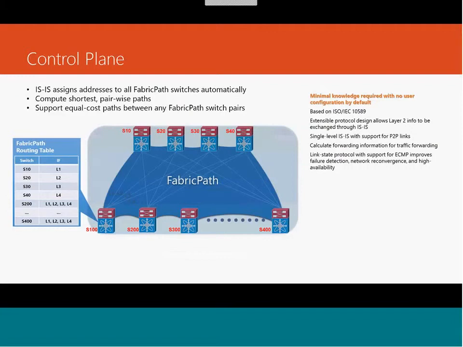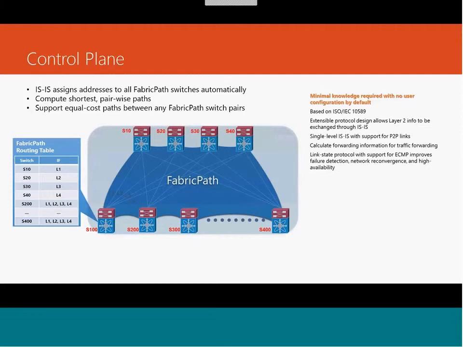But yes, you can look into the routing table of Fabricpath using the show fabricpath isis route command to understand what the routing looks like and which paths are available to the node in order to forward the traffic. Also, the control plane provides you with ECMP features because it's running on layer 2 ISIS.